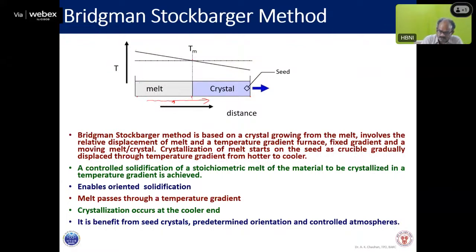Exactly at this point, whenever it comes here, it is exactly the melting point of this material. And then suppose you have placed a seed, then your material will start solidifying, and because the seed is there, it will solidify in the form of a single crystal over this seed.